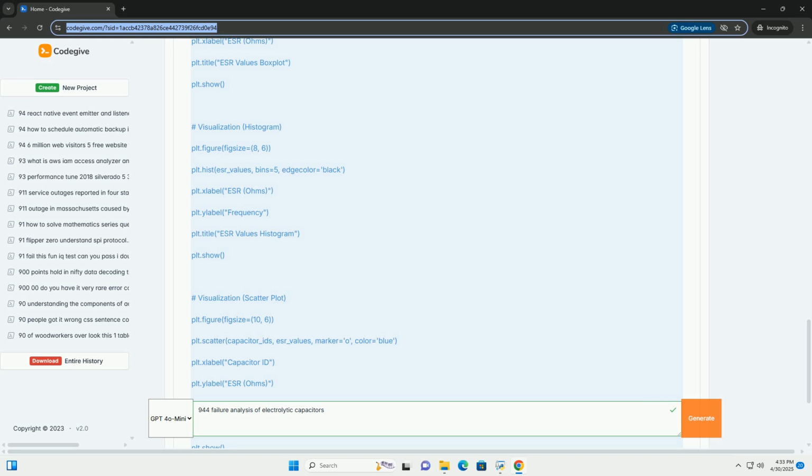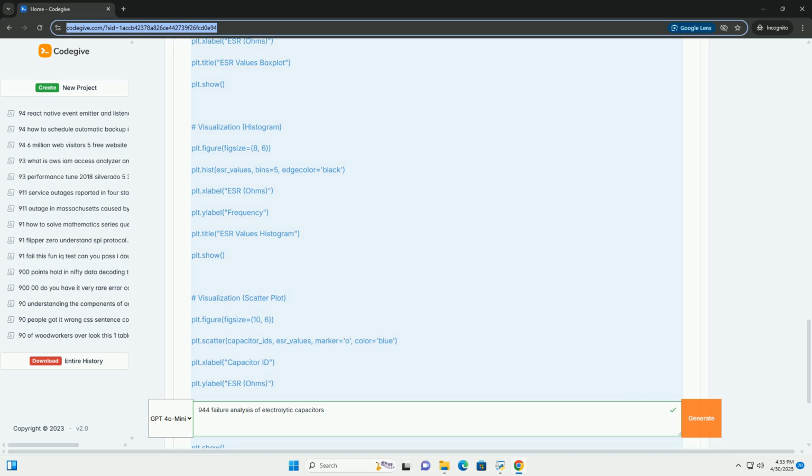It identifies outliers as ESR values that are outside the interquartile range. 6. Visualization. It creates a box plot, histogram, and scatter plot of the ESR data to visually identify outliers. The box plot is particularly useful for spotting values that are far outside the typical range. The scatter plot shows the ESR value for each capacitor.